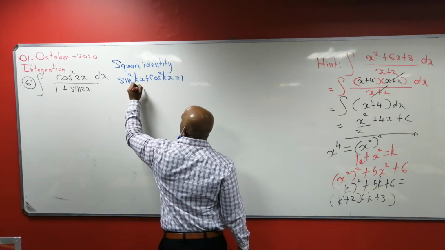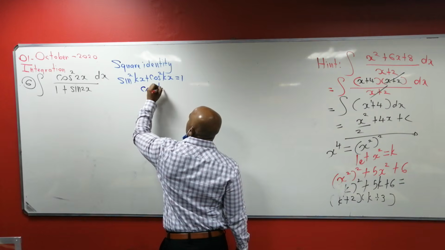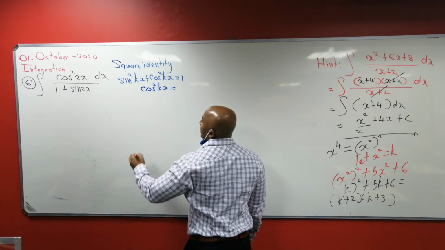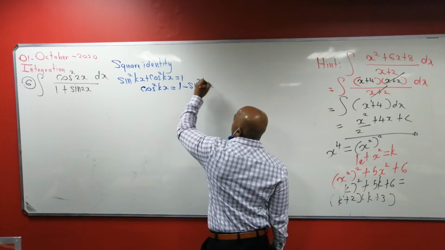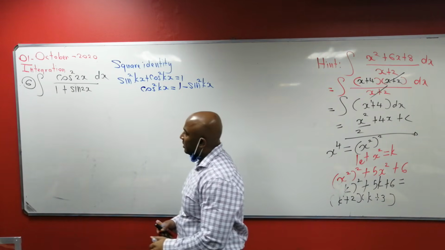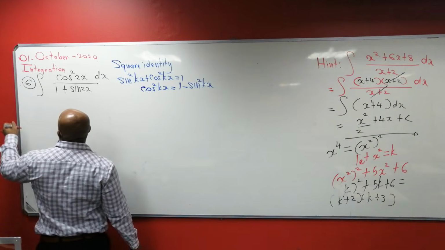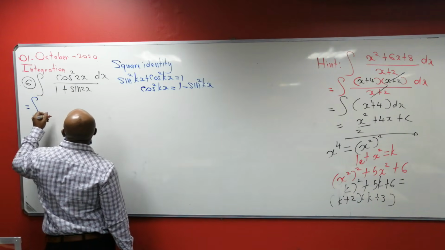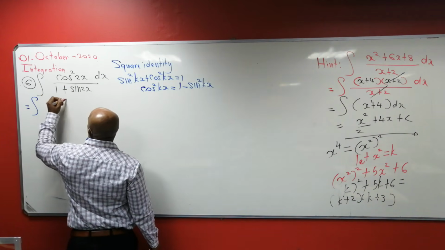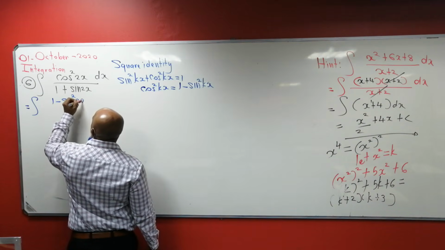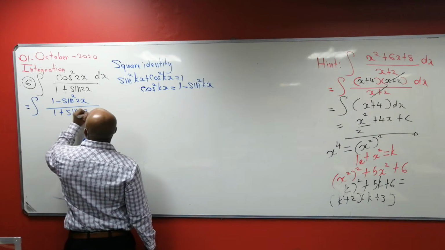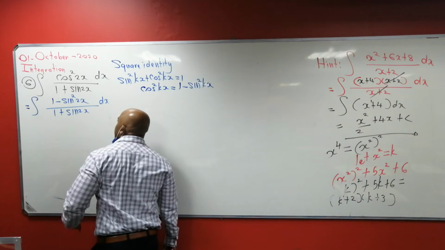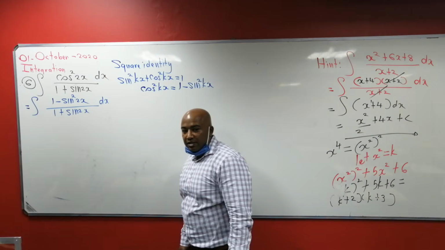So if I make cos squared kx the subject of the formula, cos squared kx is the same as 1 minus sine squared kx. Let's see what happens now. Let's change it. So cos squared 2x is the same as 1 minus sine squared 2x, all divided by 1 plus sine 2x. We're integrating with respect to x.